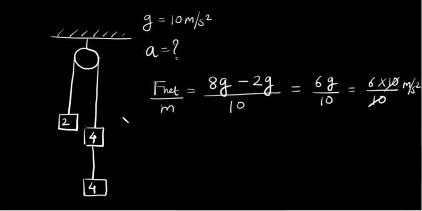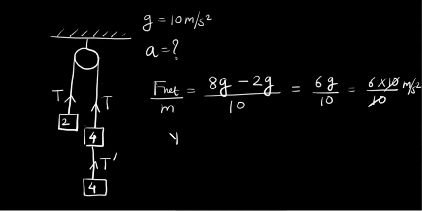Now what we have to find is the tension in the string. So let's say the tension in this string is T, and let's say the tension in this string is T dash. Now if we draw the free body diagram we will get the answer. So let's do it. Here the tension is also T because it is the same string.